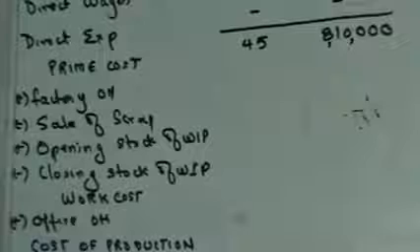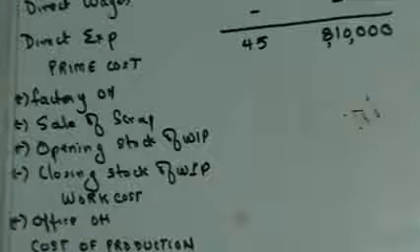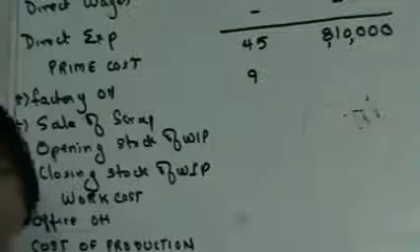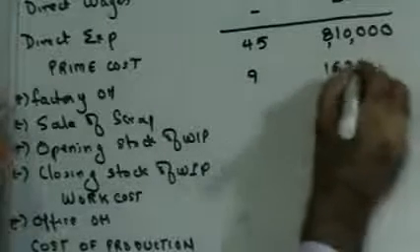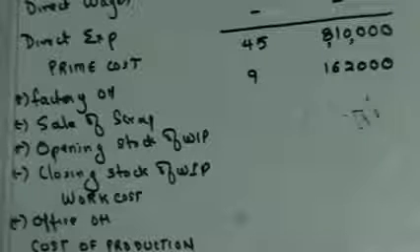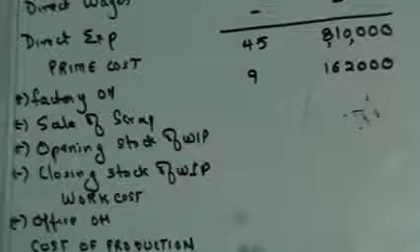Right? Next, factory overheads are given to you as 20% of prime cost. So 20% of 45 is going to give you 9, and 20% of 8,10,000 will give you 1,62,000. Right? Next, then you have administrative overheads is 30 rupees per kg of output.